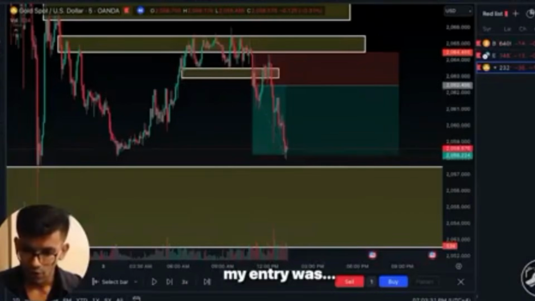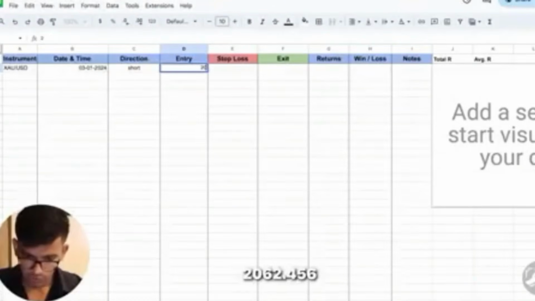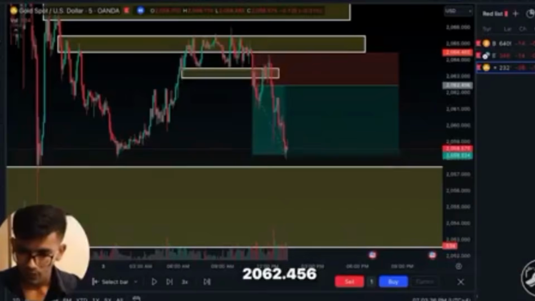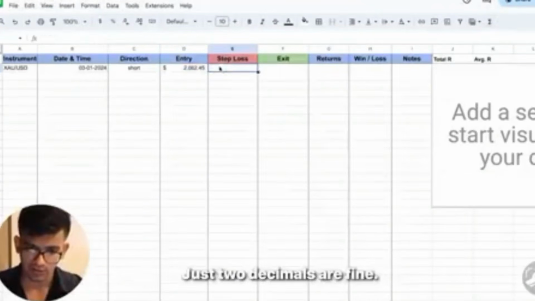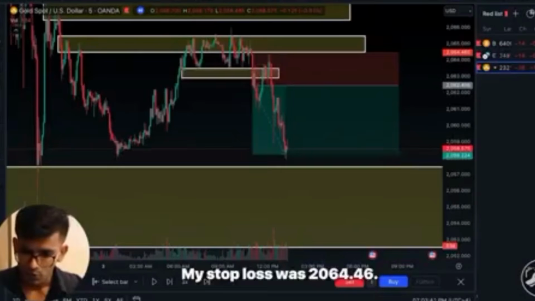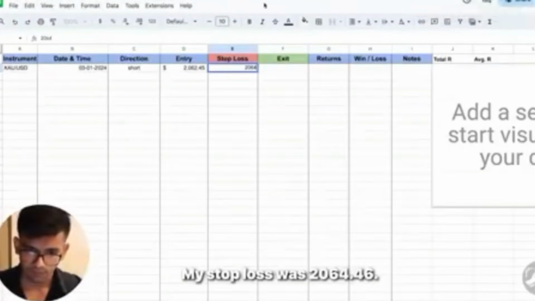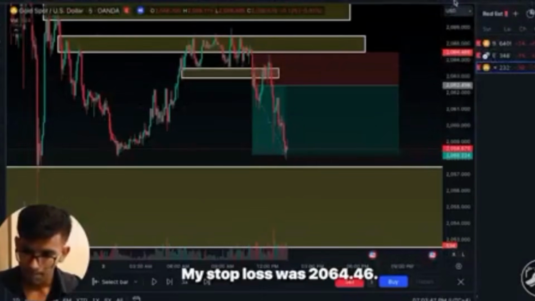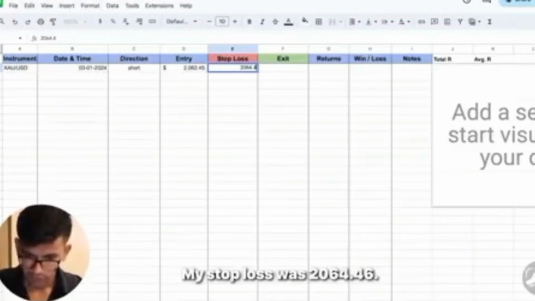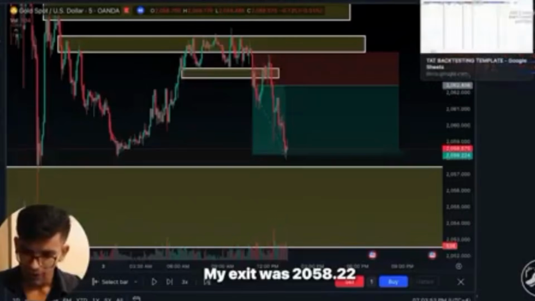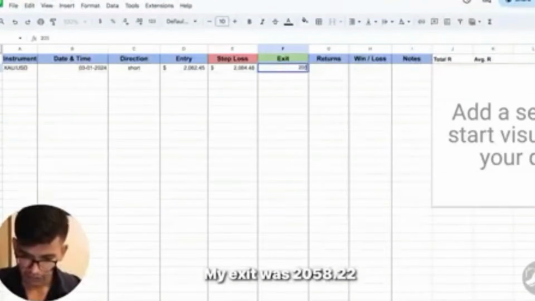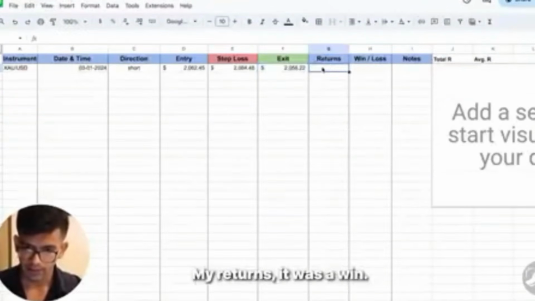My entry was 2062.456. Just two decimals are fine. My stop loss was 2064.46. My exit was 2058.22. My returns, it was a win.